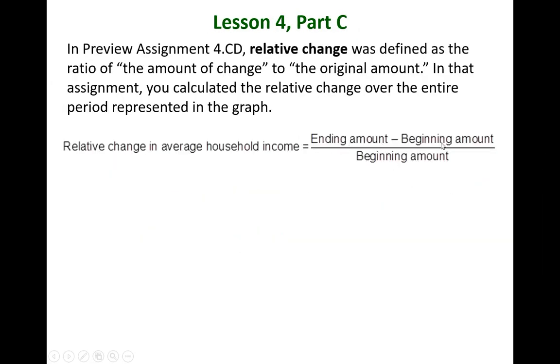Oh, there's the formula we just wrote. In the previous assignment, 4C and D, and I hope you're looking at your workbook, relative change was defined as the ratio of the amount of change to the original amount. In that assignment, you calculated relative change over the entire period represented in this graph.